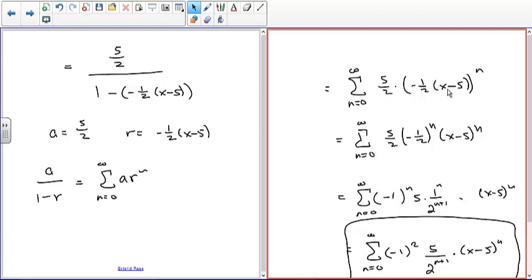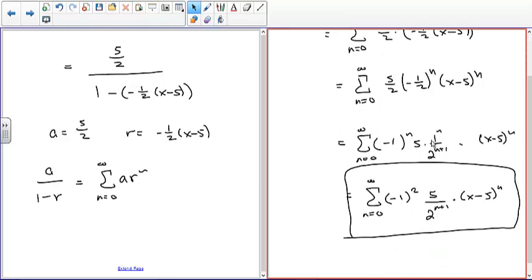I take this constant in front of x minus 5, and I raise that to the n power, and that one, so I break it apart into 2. Then I take the -1 and I put that separately. What that leaves me left with is 5, 1 to the n divided by 2 to the n, but also multiplied by 2 again, so it becomes 2 to the n plus 1. 1 to the n is just 1, so that disappears.